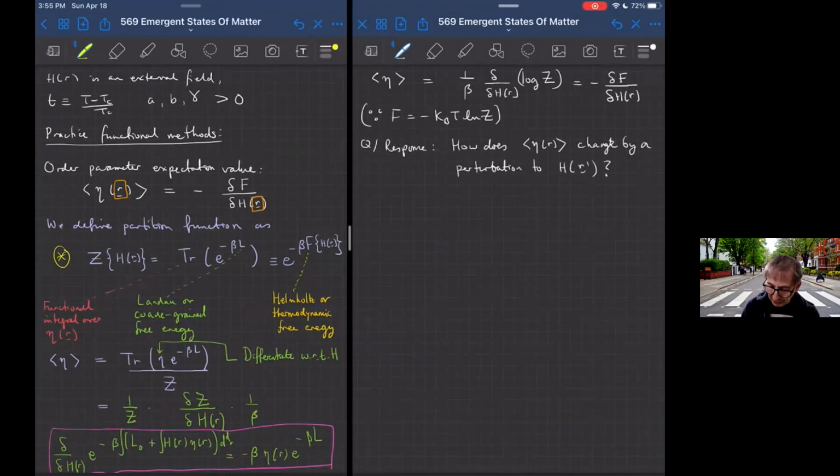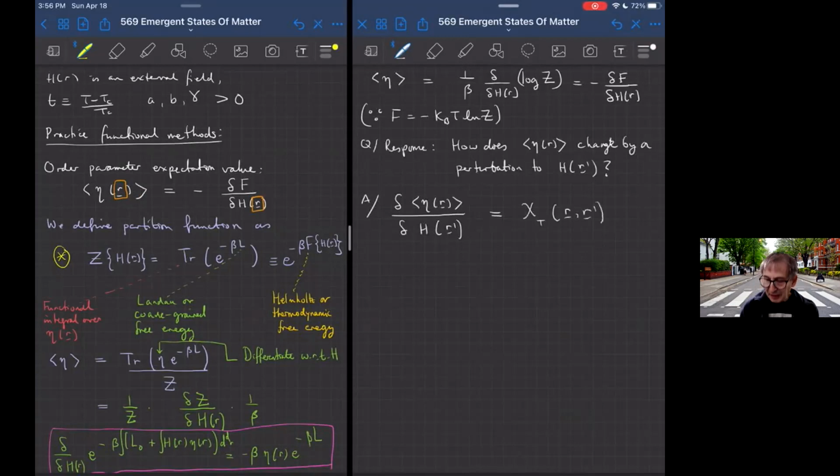So what do we have to do? We have to compute the change in the expectation value of eta at the point R with respect to a change in field at the point R prime. And so this is an object that's going to depend upon two labels, R and R prime, and we're going to call this object the isothermal susceptibility, chi of R and R prime.